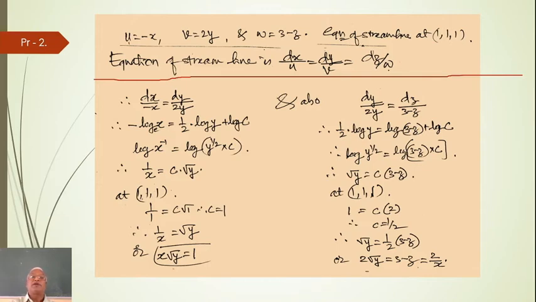The equation of a streamline is given by dx by u equal to dy by v. Of course there is one more, dz by w. Here we don't have that third coordinate, because it is only a two coordinate system, that is 2D flow.